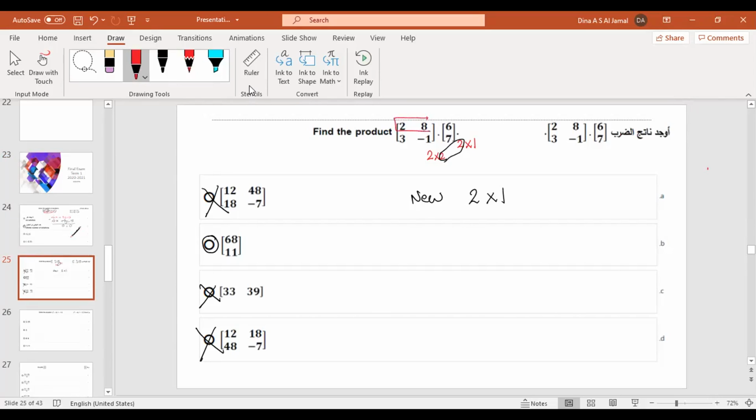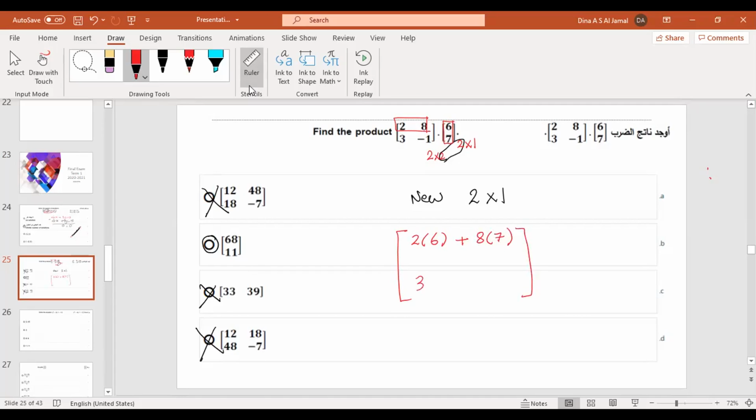You will be taking the first row and this column. So 2 multiplied by 6 plus 8 multiplied by 7.